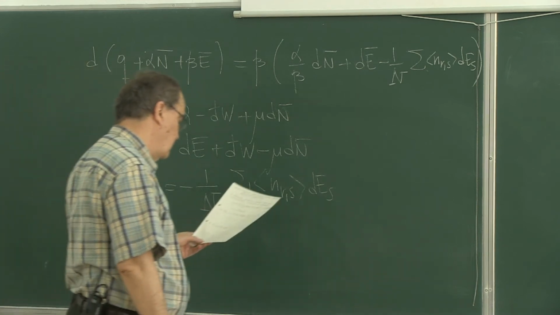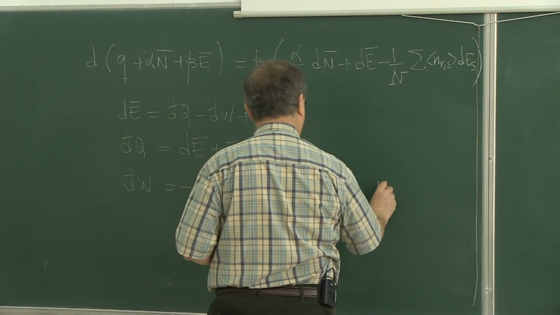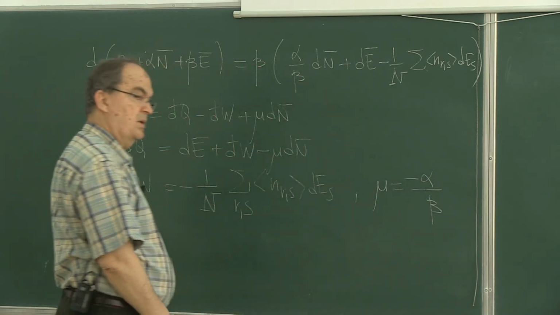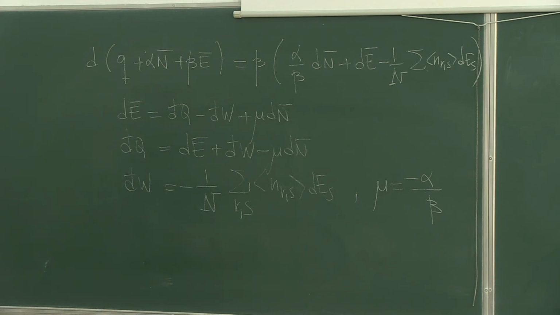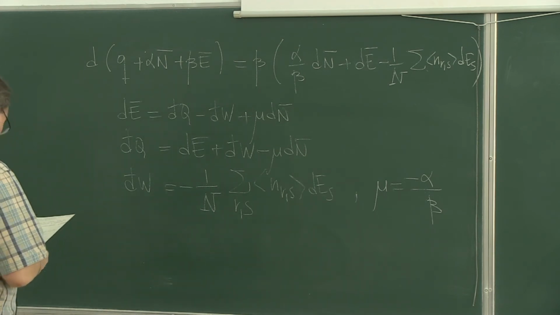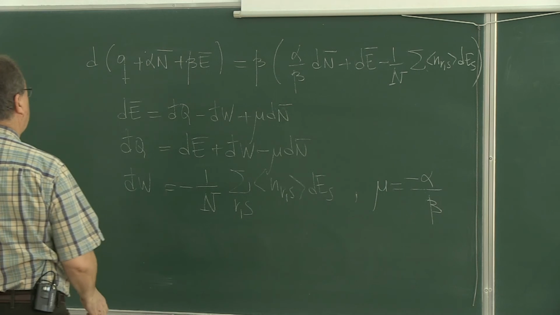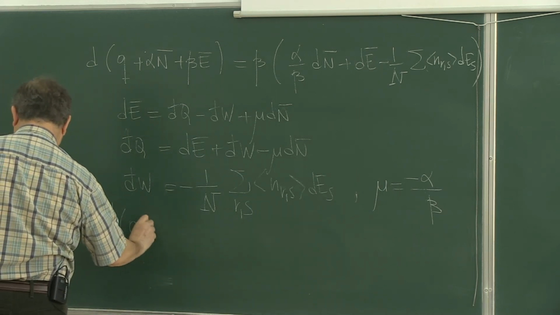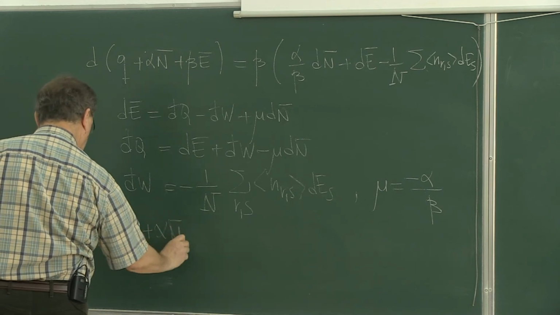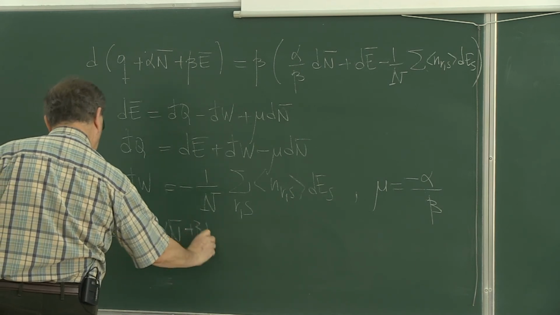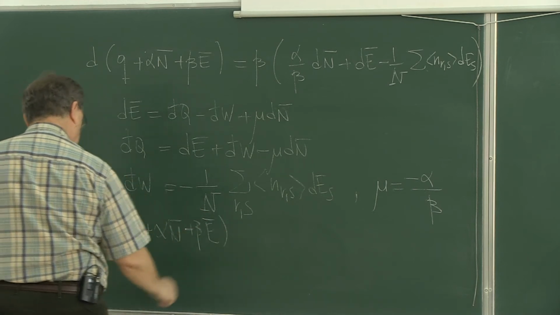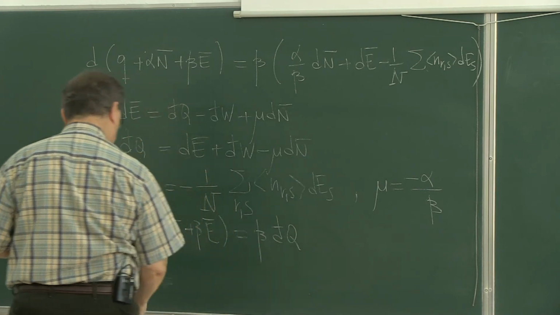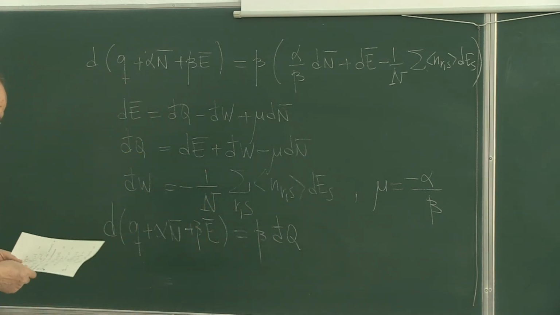And mu, remember, the chemical potential was related to alpha as alpha over beta. So this quantity then, Q plus alpha n bar, beta E bar, is beta d bar Q. Beta is 1 over kBT.